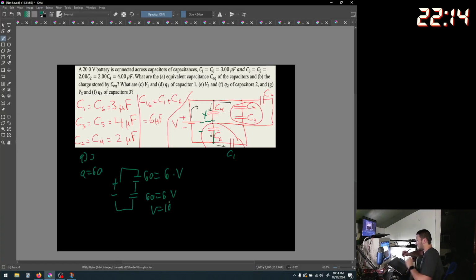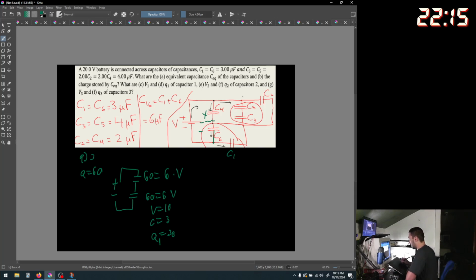Now, we know V equals 10 and C equals 3. Q equals 30. So that's how we find Q1. And then from here, finding Q2.